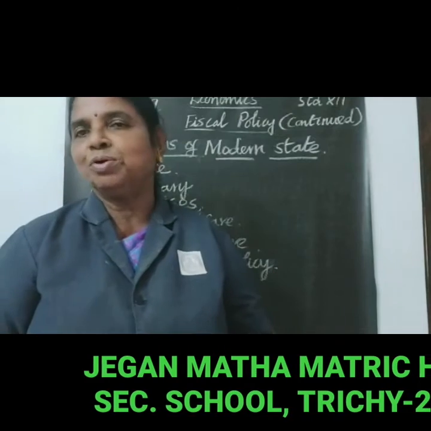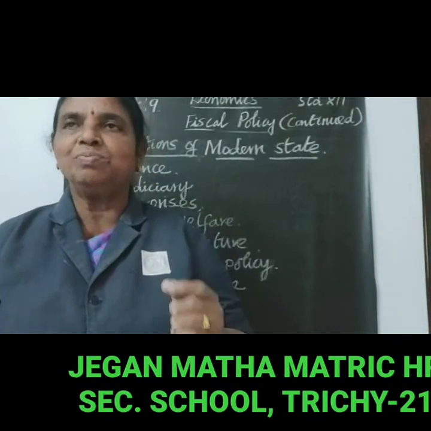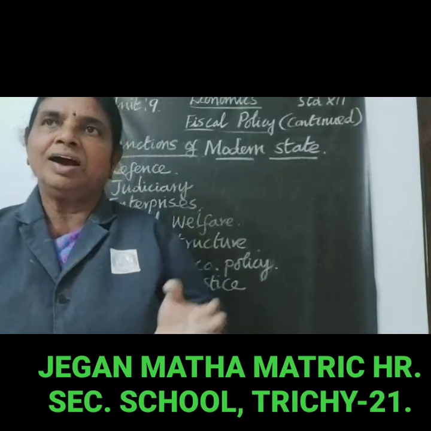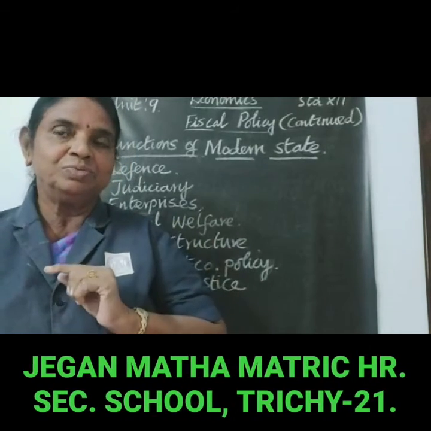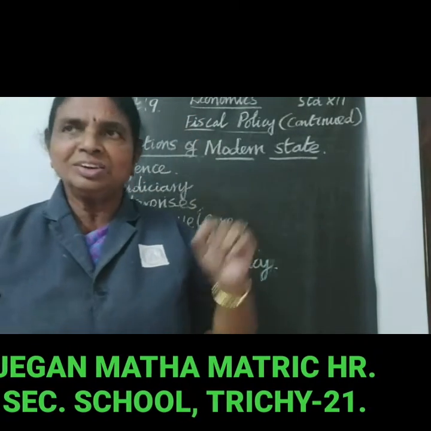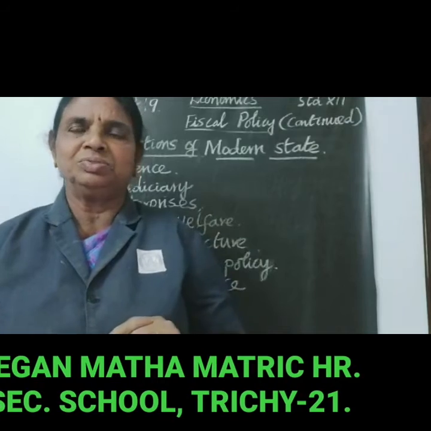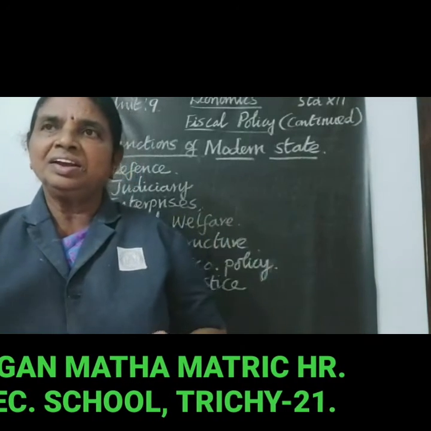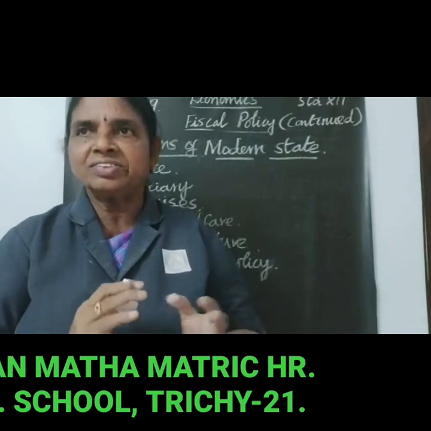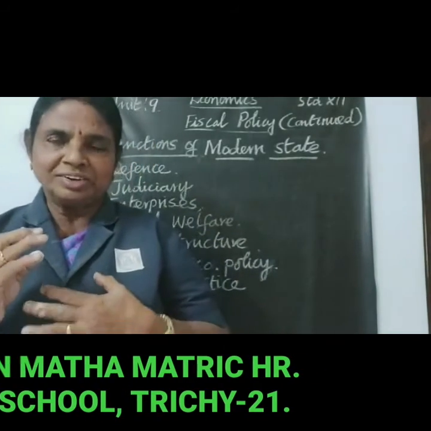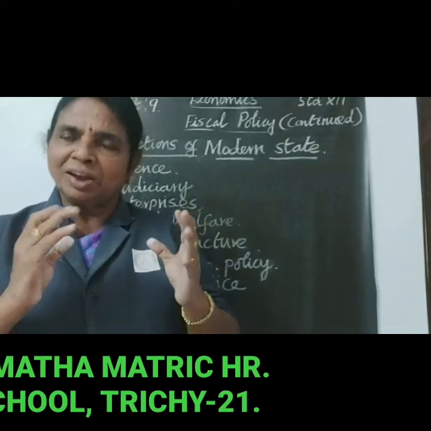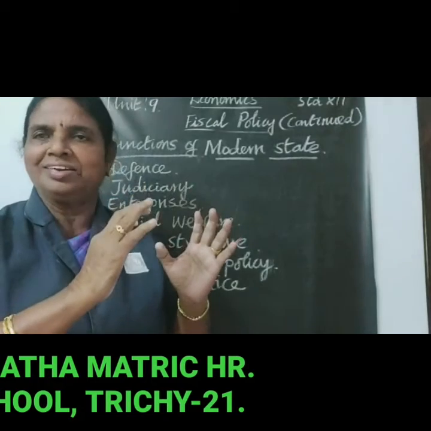And the eighth important point is control of monopoly. Concentration of economic powers is another evil. It should be corrected by the government. So the state intervenes through control of monopolies and restrictive trade practices to curb concentration of economic power on one hand.